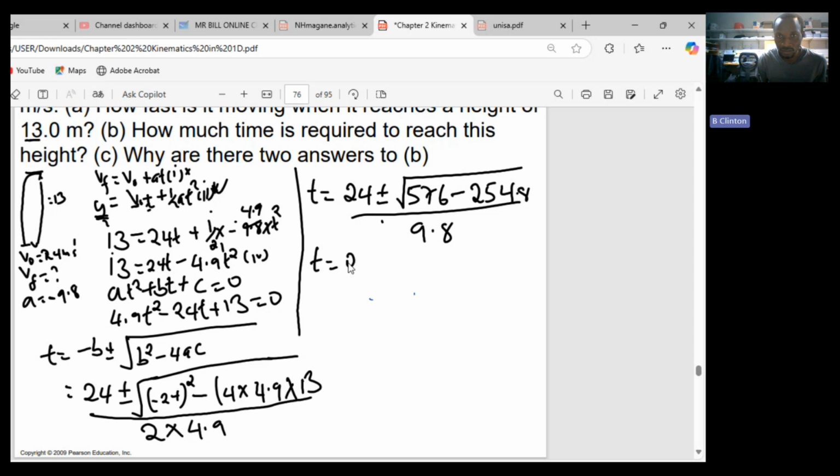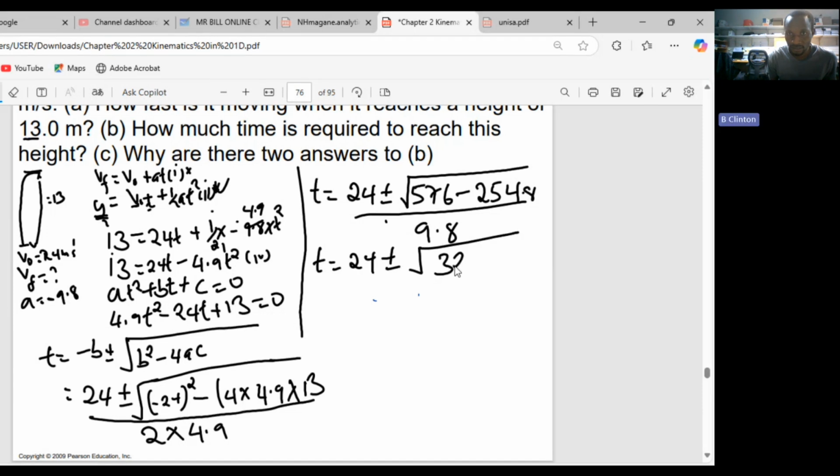And that's going to give us the value of t to be 24 plus or minus 321.2 over 9.8, and that's going to give us 24 plus or minus the square root of 321.